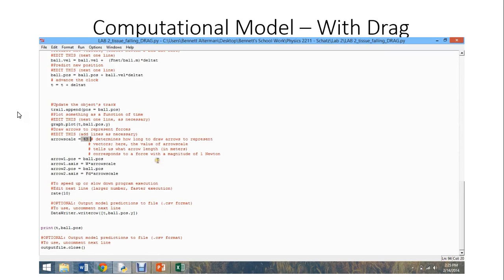Here we'll also see an arrow scale, which was calculated by a height of 2 meters divided by our mg, which equaled 0.057. And these arrows both have tails at the origin and move either against gravity or with gravity, as we'll see in a moment.